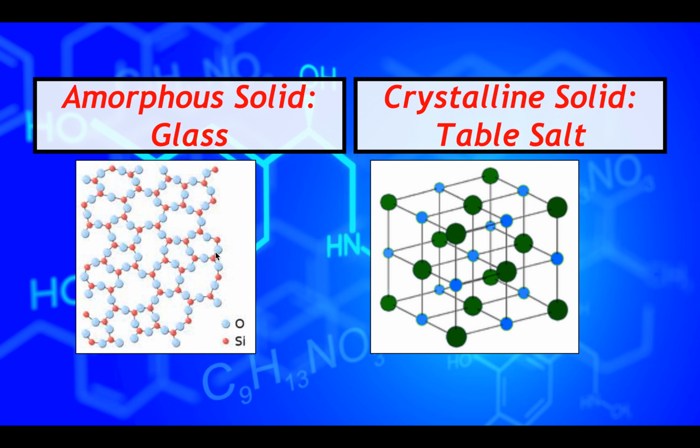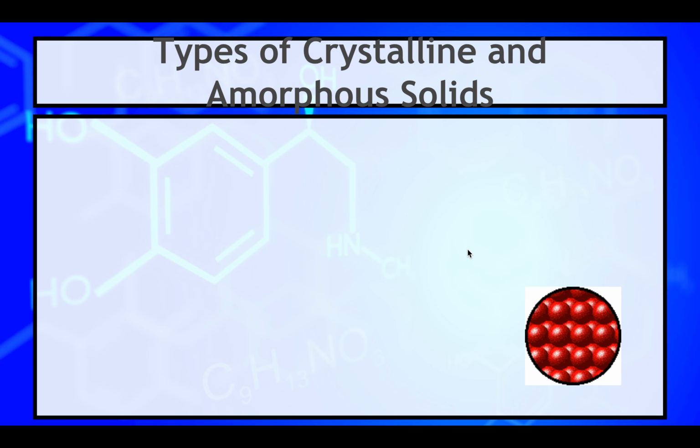Some of them contain 5 and some of them contain more than 5. Oxygen. When we're looking at the crystalline solid, we can see that it's a very regular pattern. We always have sodium ion, chloride ion, sodium ion, chloride ion, sodium ion, chloride ion, in a regular repeating pattern.